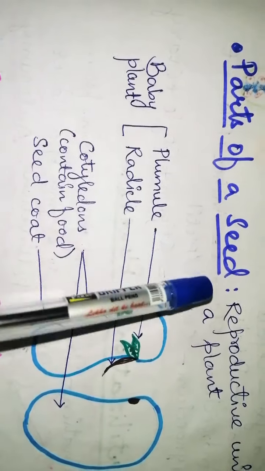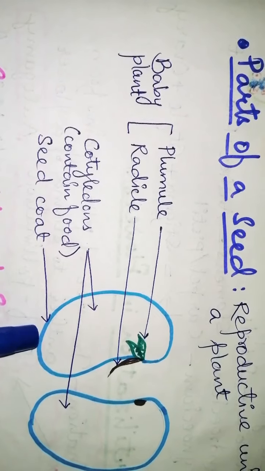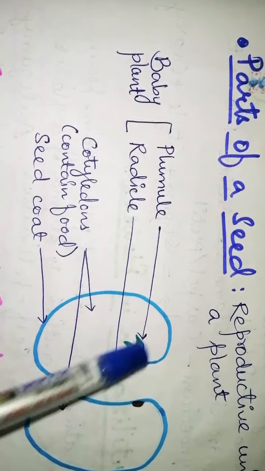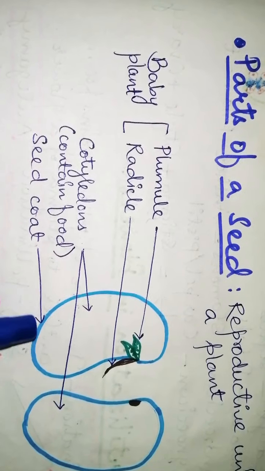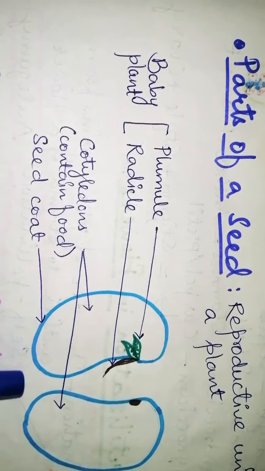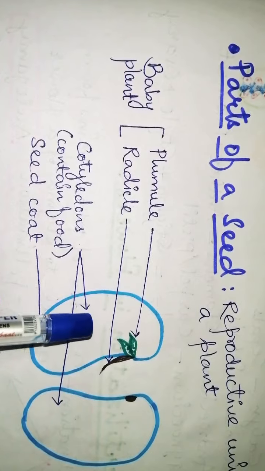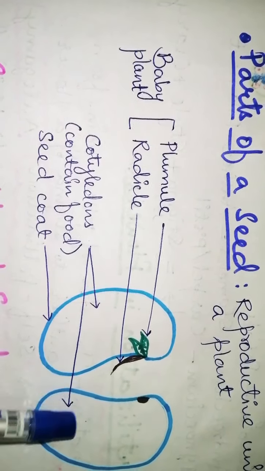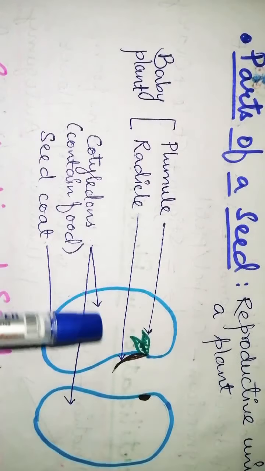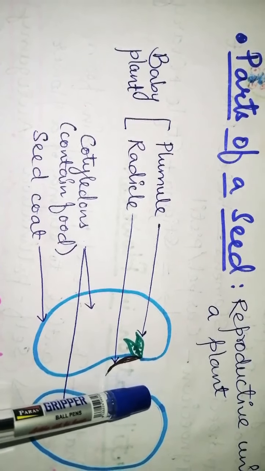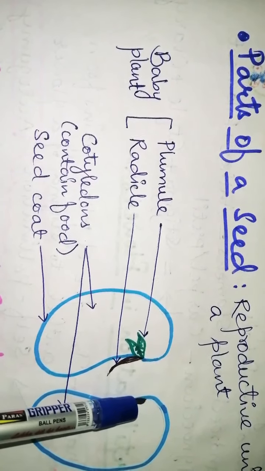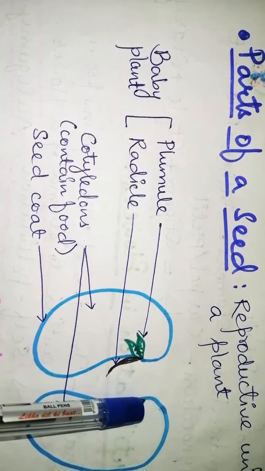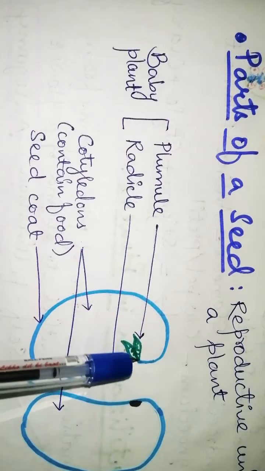So parts of a seed are the seed coat, which is present outside the seed. Here we have removed the seed coat, then only we can see the two cotyledons. Both the cotyledons are attached to a small structure, and from this structure, plumule and radicle arise.